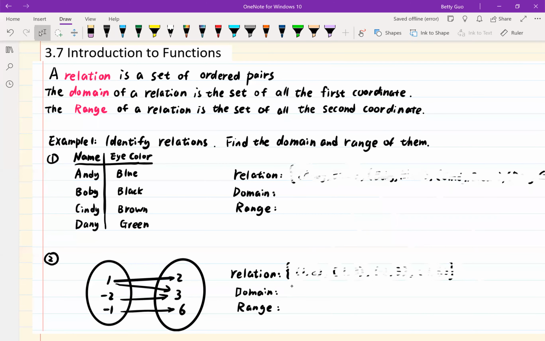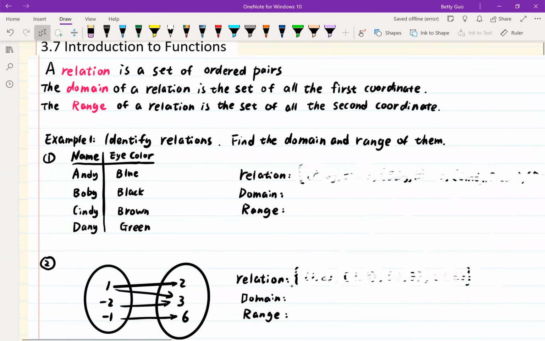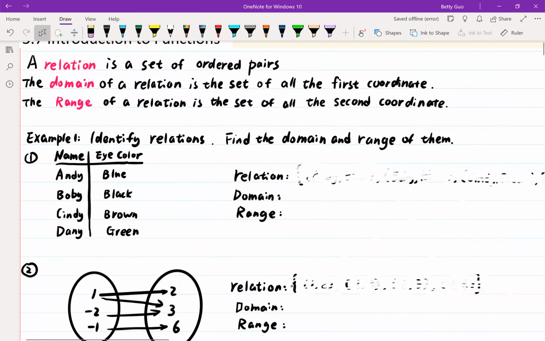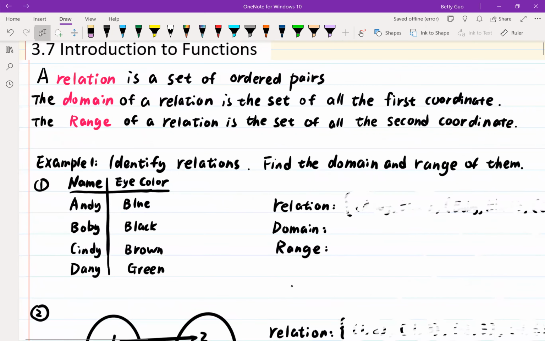So let's look at a few examples and determine whether the given example can be defined as a relation. If it is a relation, how do we find the domain and range? The first example is a two-column table.